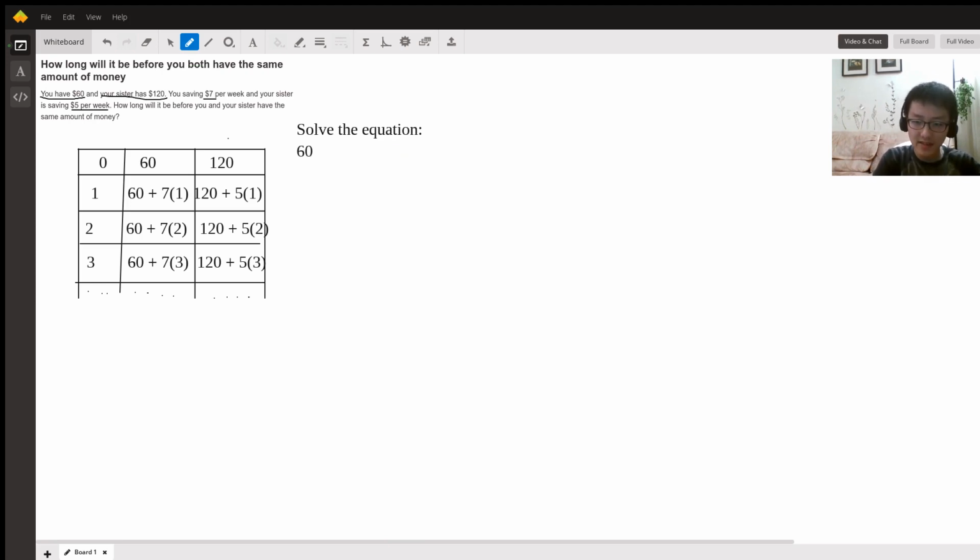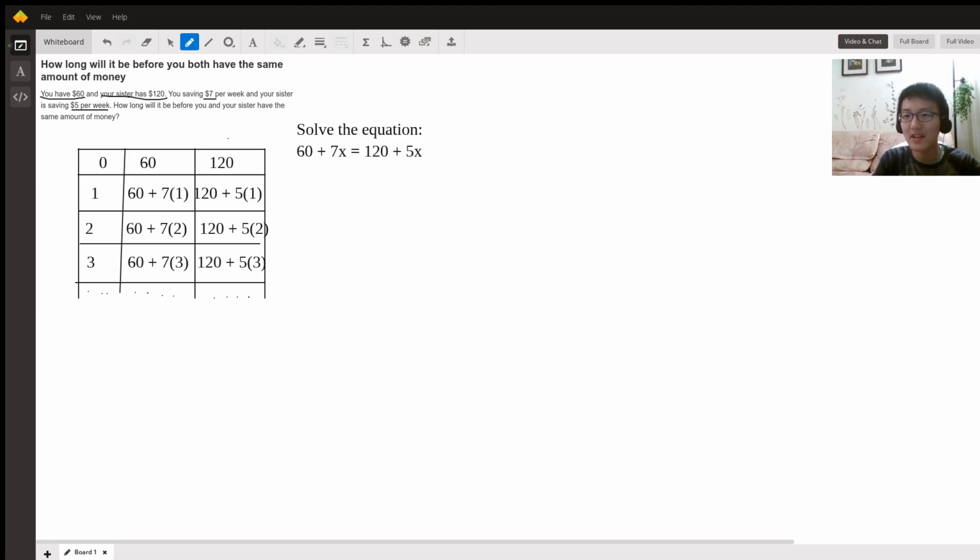You have $60 and you save $7 per week for x weeks. Then at x weeks, you will have the same amount as your sister, who initially had $120 and saves $5 per week for x weeks. Notice that these two are equal in value, but we just don't know how big x is, the number of weeks.